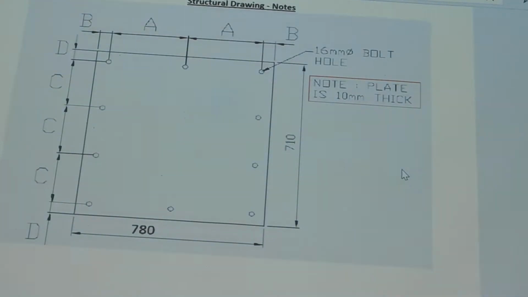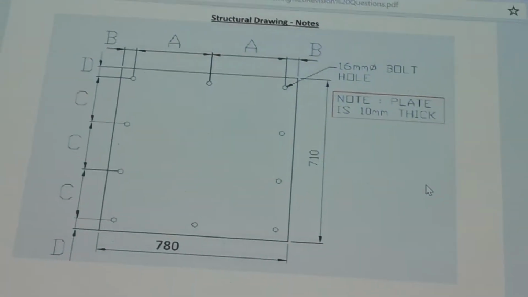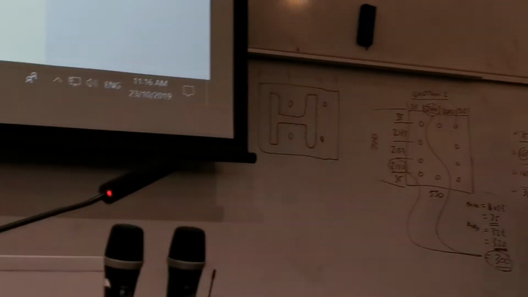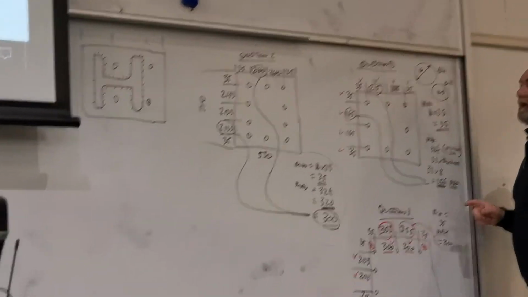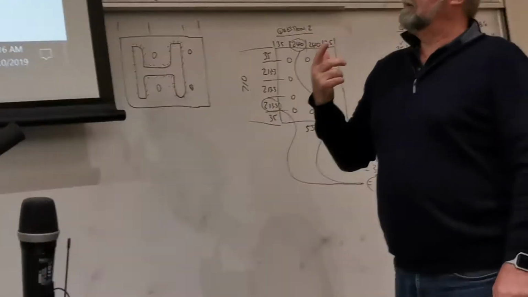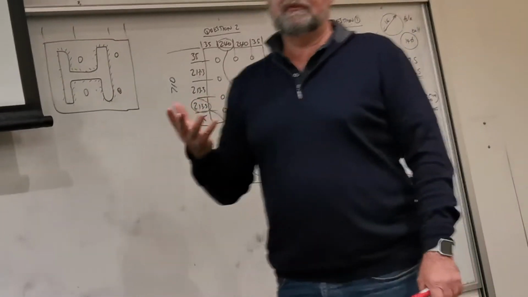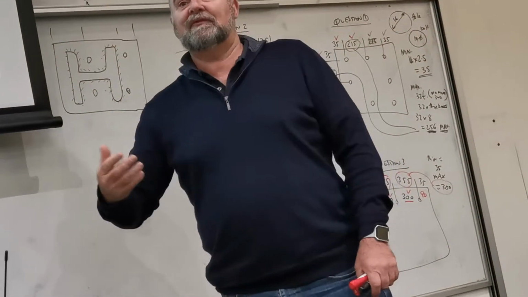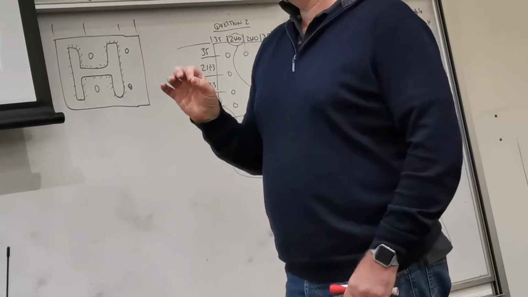The second thing is, remember the 300 rule. No more than 300. So you'll find that I'll have plates that are 12 millimetres thick, 10 millimetres thick, 8 millimetres thick. You've just got to do the maths, no more than 300.